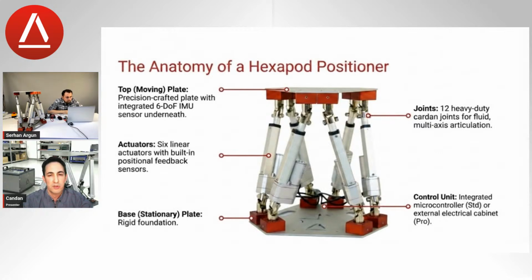For example, we generally use cardan joints, but there are other types, such as magnetic joints, that are used in different applications.